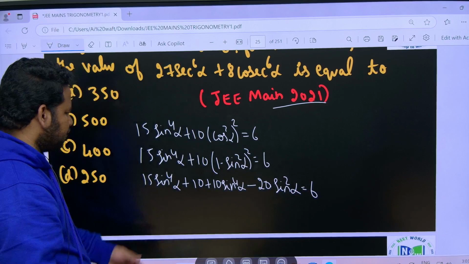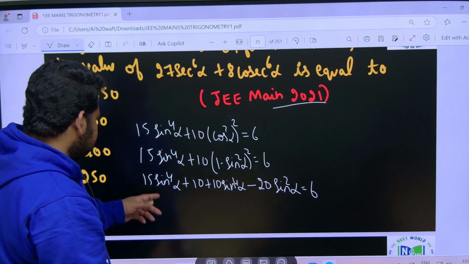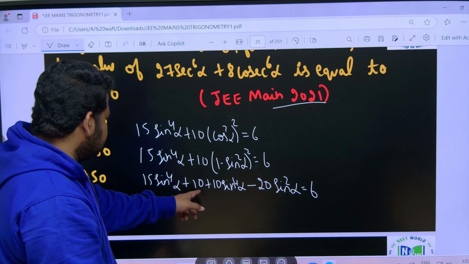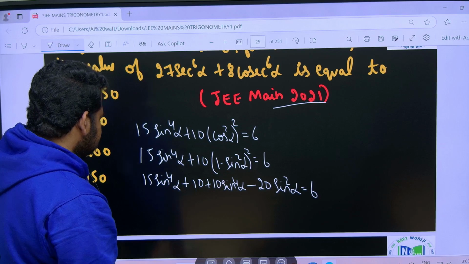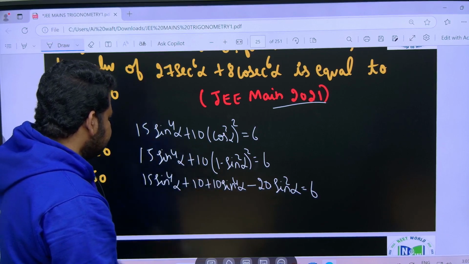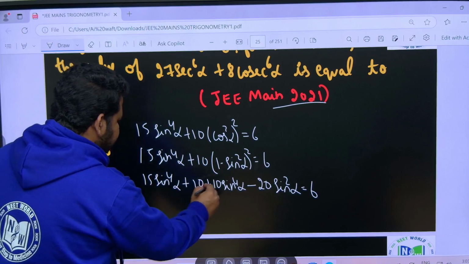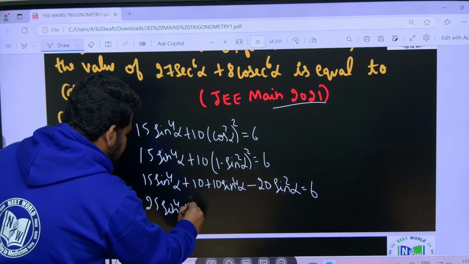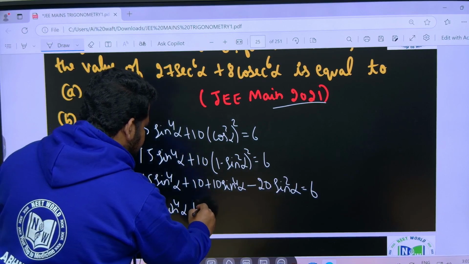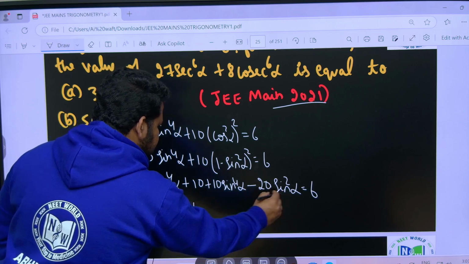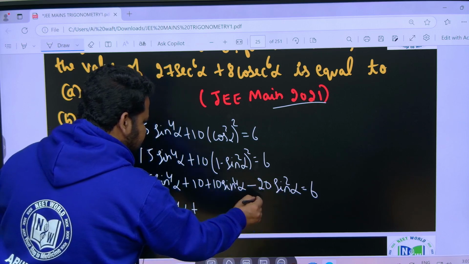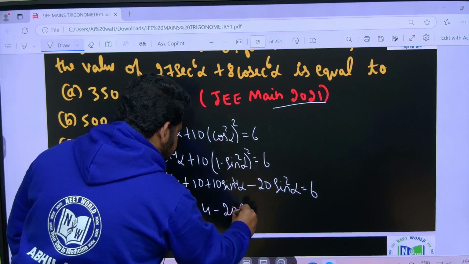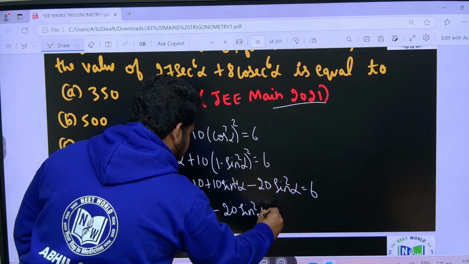Now this is in the form of a quadratic equation. This is 25 sin power 4 alpha plus, if I bring 6 this side, it will become 10 minus 6, which is 4, minus 20 sin square alpha is equal to 0.